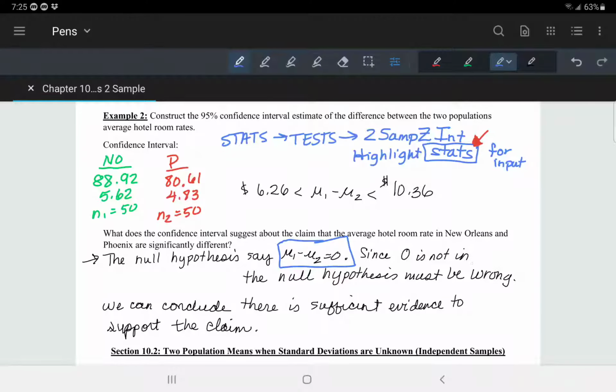And since 0 is not in our confidence interval, 6.26 to 10.36, 0 is not in there. If it was reasonable that there was no difference, then 0 should be in that interval. But the null hypothesis must be wrong, and we can conclude that there is sufficient evidence to support the claim, just as we wrote before.